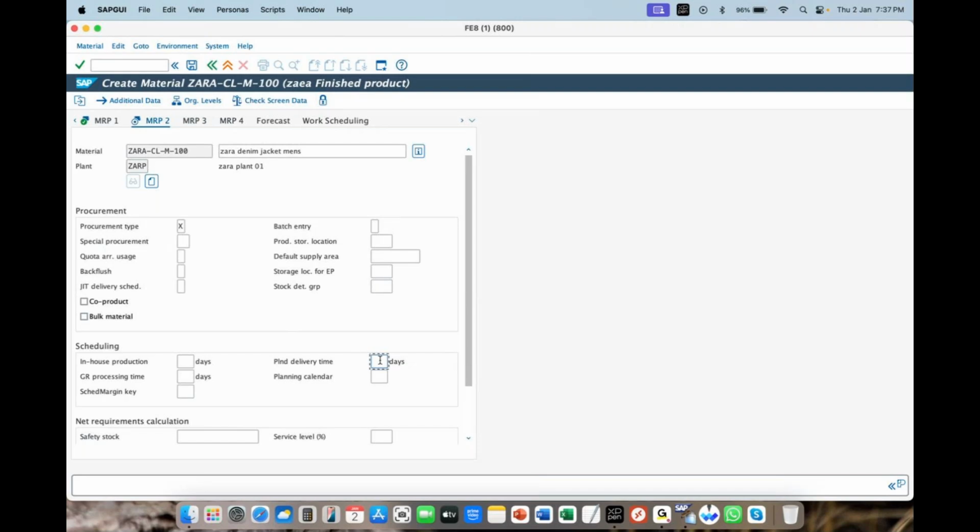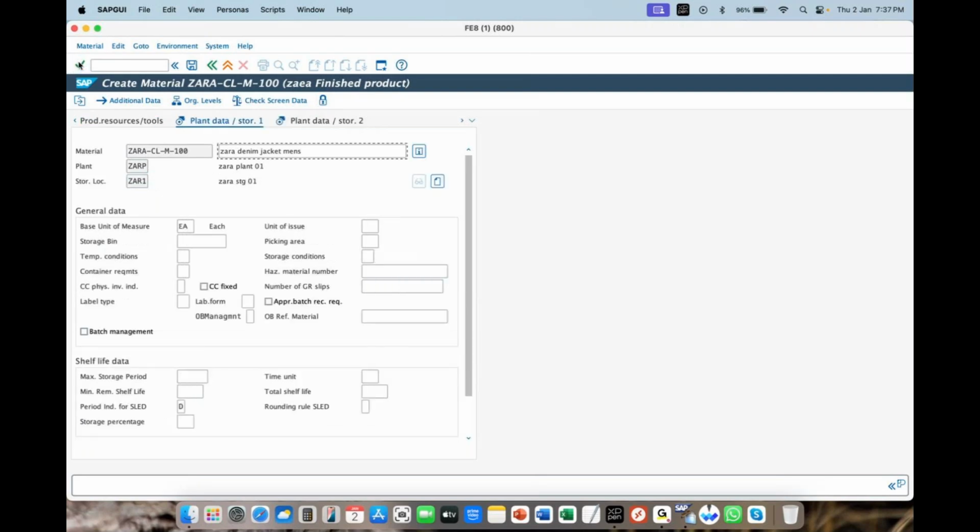So here you give, say, 5 days, 2 days, 10 days. This is from the production point of view, inventory point of view. Where we control the plant delivery time, sales counter level, you will see in the coming sessions when you work on order management. That is our coming topic. So if purchasing group is asked, give 001. Accordingly, if plant delivery time is asked, give some date and time. Otherwise, don't touch them. Continue.